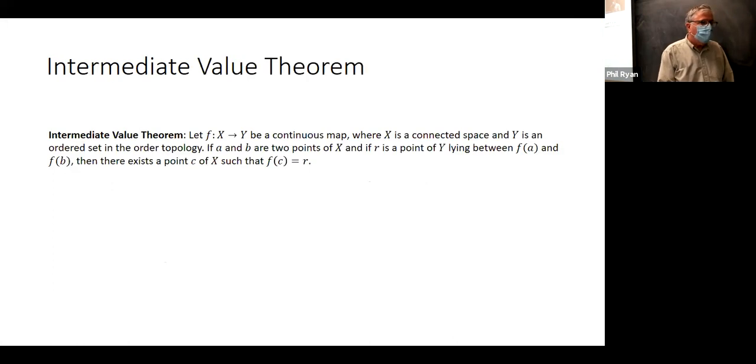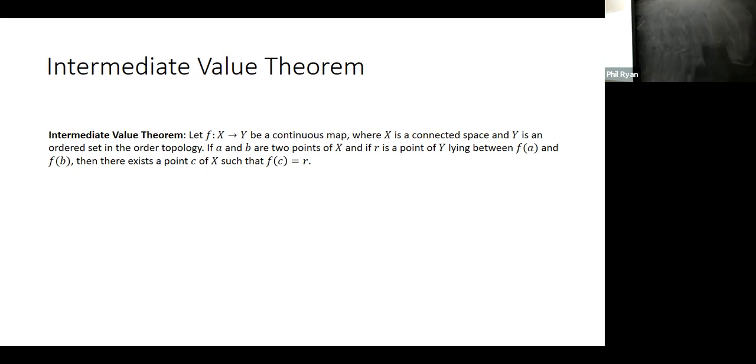Okay, so now we can generalize the intermediate value theorem. So what are we going to do? Say we have a continuous map from a connected space to an ordered set in the order topology.